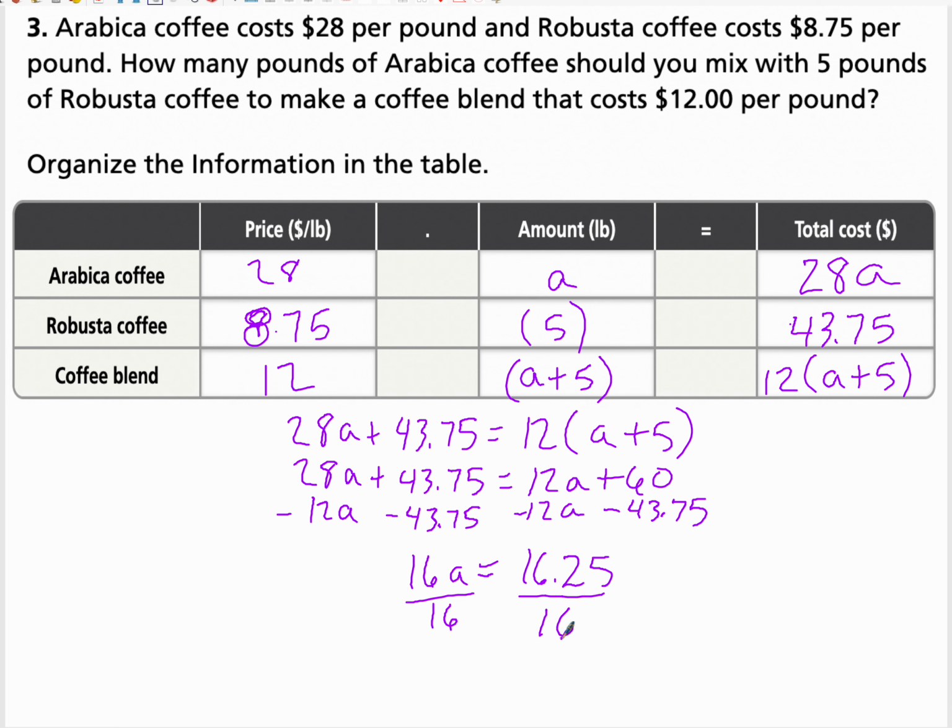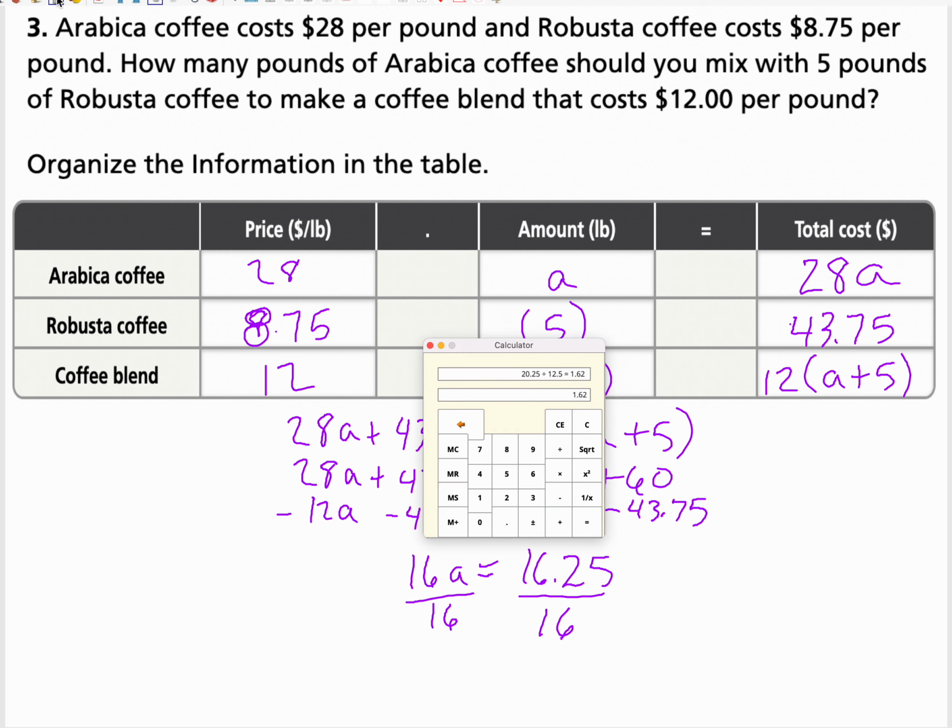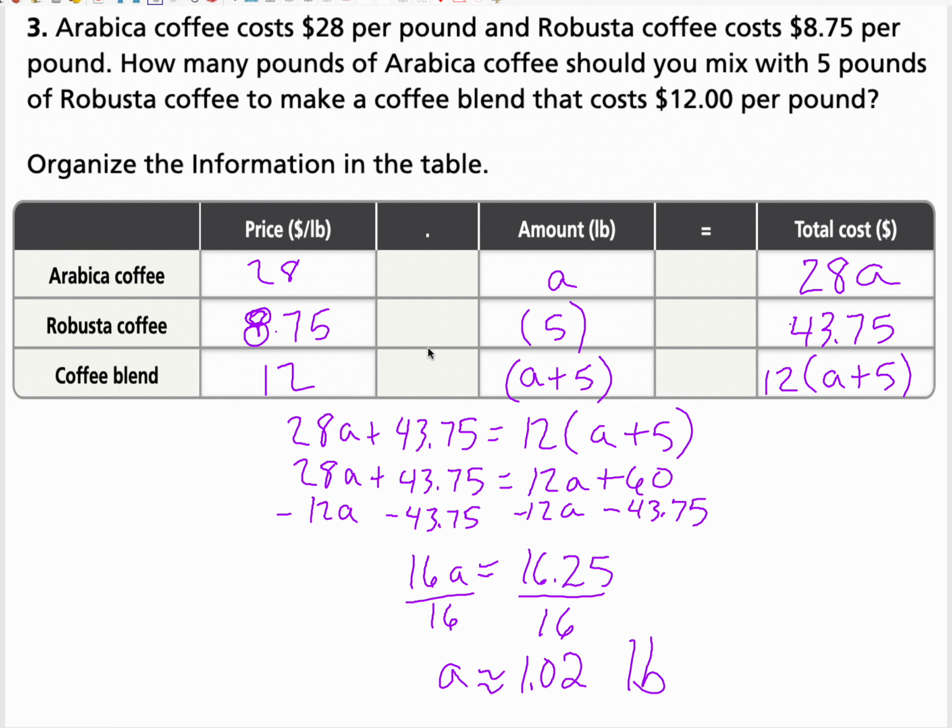Divide by 16. So this time, 16.25 divided by 16 is 1.01562. Okay, we don't want that whole number, so we're going to round it and say A is approximately 1.02 pounds of Arabica coffee.